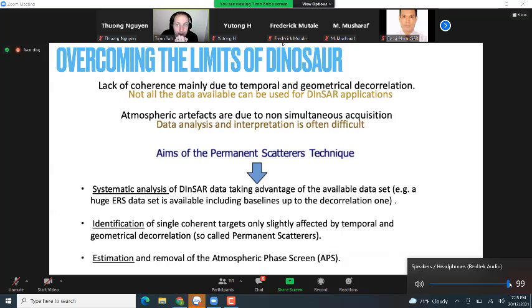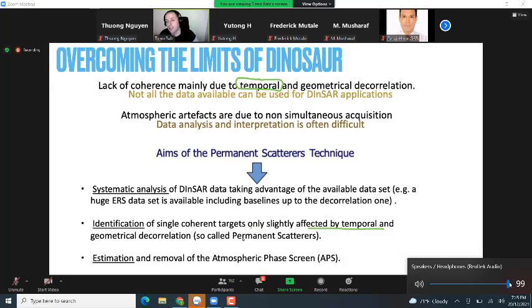So what we are doing, in terms of temporal decorrelation, is we are not really fixing temporal decorrelation, okay? We are avoiding that. So you see, we are looking only at points that are slightly affected by temporal decorrelation.